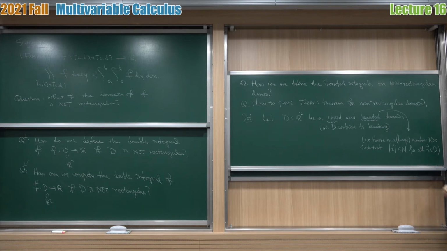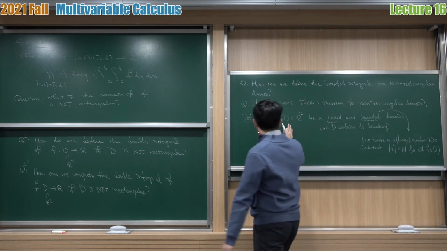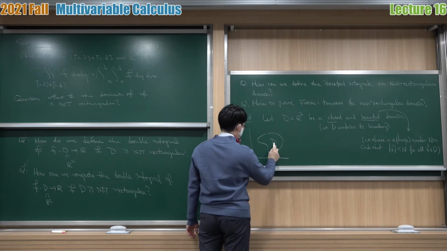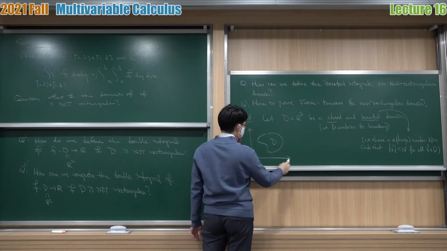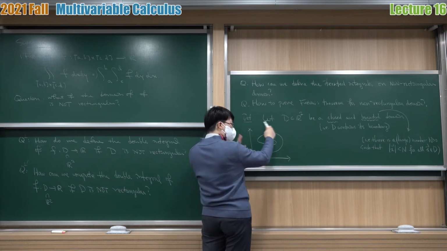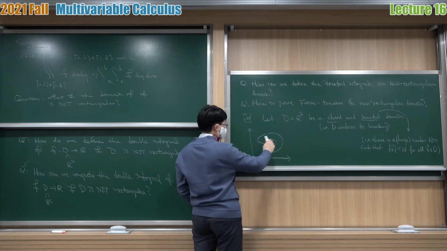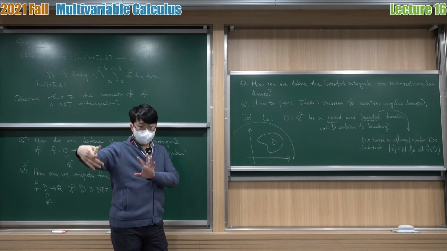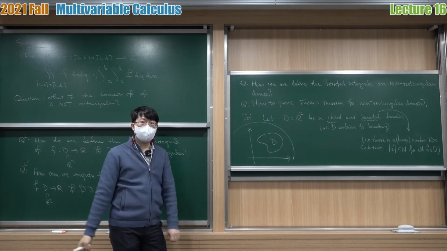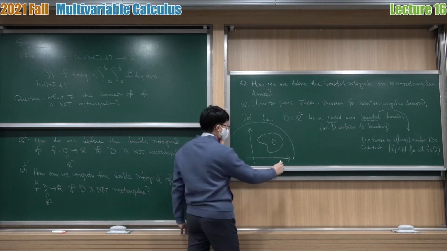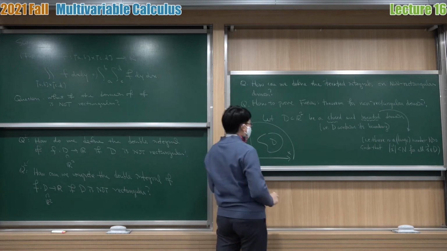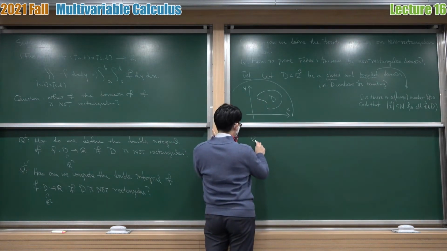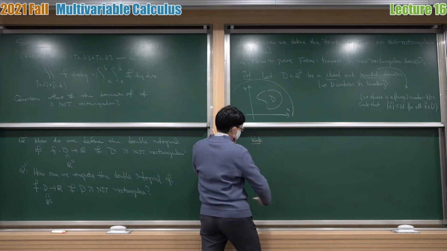Okay? So for example, I'm thinking about a situation like this. You have a boundary, and it is bounded because you can put this D into a very large circular region of radius r. But I'm not thinking about this situation.